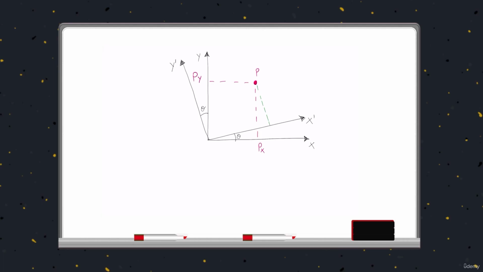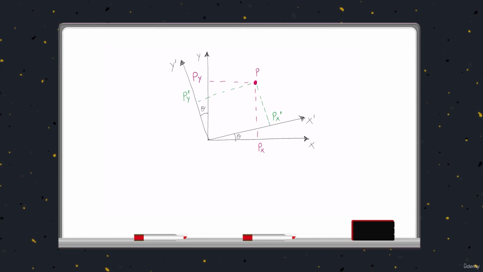As we did for the world frame, also for this new rotated frame, let's project the coordinates of P along the x' and y' axis, and with this we obtain the coordinates px' and py'. These coordinates instead represent the position of the point P in the rotated frame.